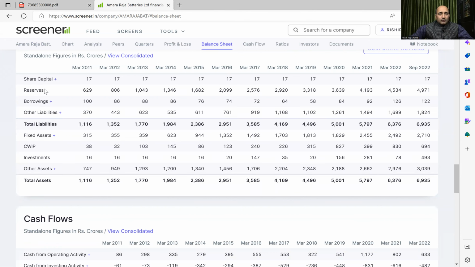Reserves. In some places you will see reserves and surplus, in some places only reserves. So what is a reserve? A reserve is a profit parked or earmarked for special or specific purposes.